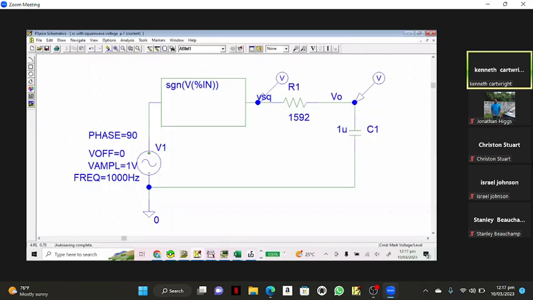Here's a PSpice simulation. Here's a low pass filter. What's the cutoff frequency of this low pass filter?